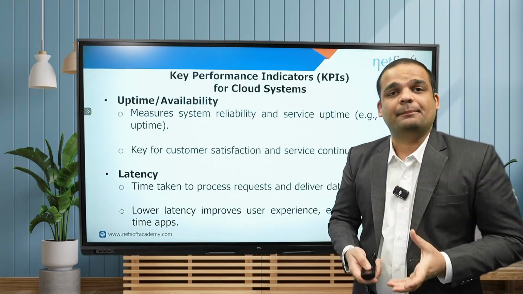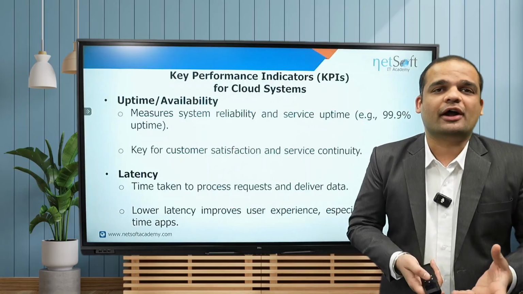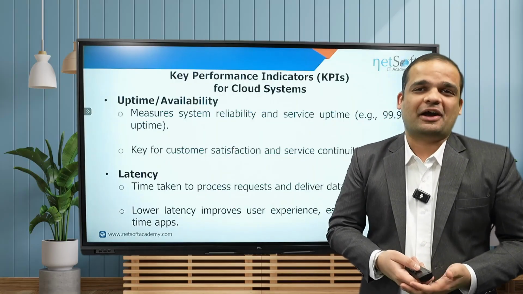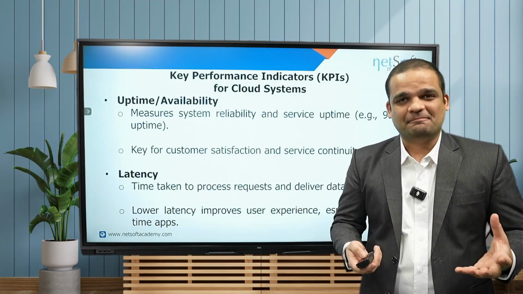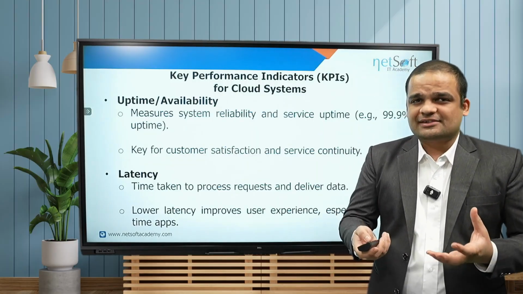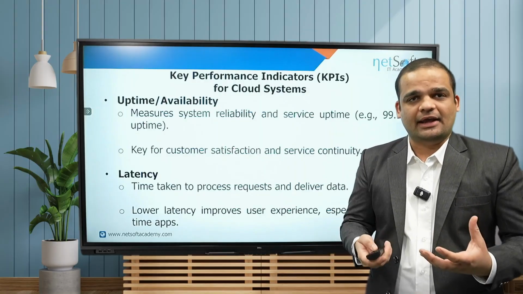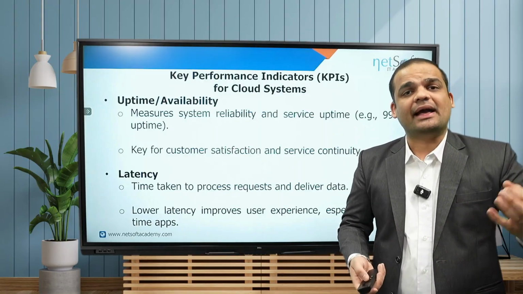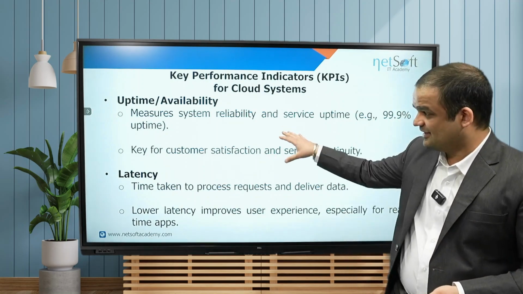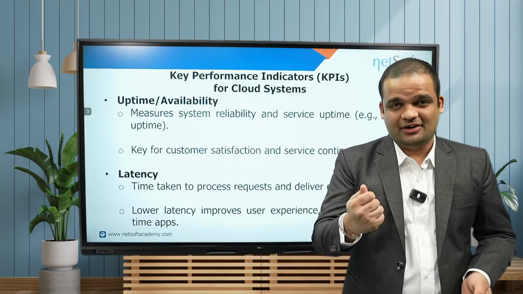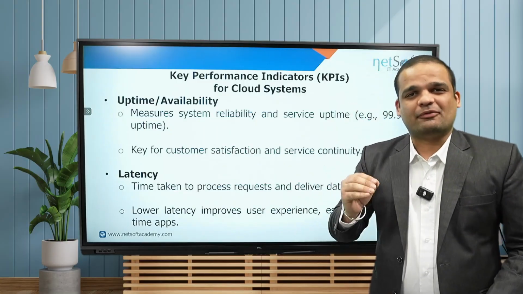Now, high availability is essential for ensuring customer satisfaction and also maintaining service continuity. Cloud providers typically offer an SLA, service level agreement, that guarantees specific uptime levels. So this is actually used to measure KPIs, key performance indicators.